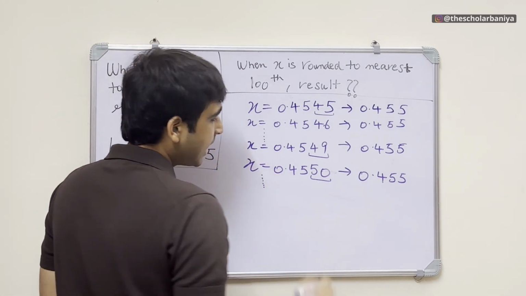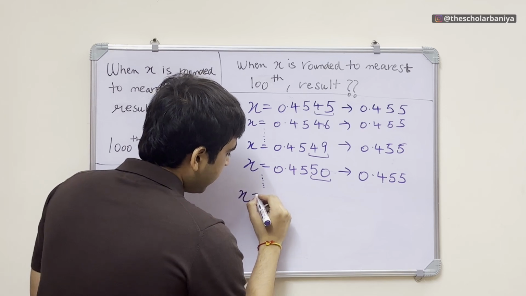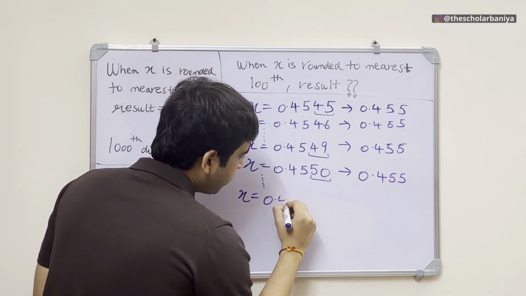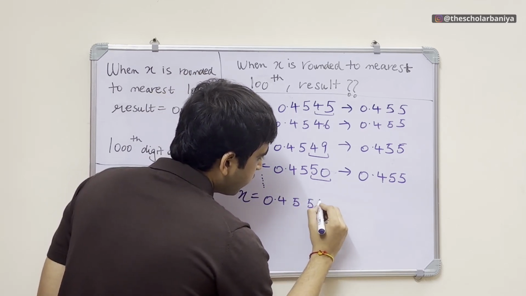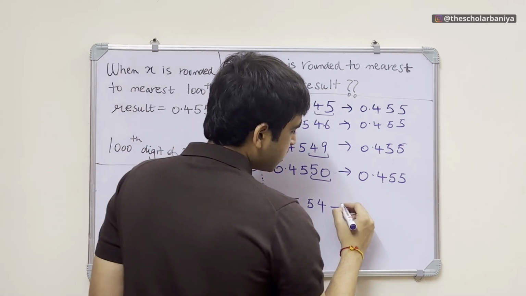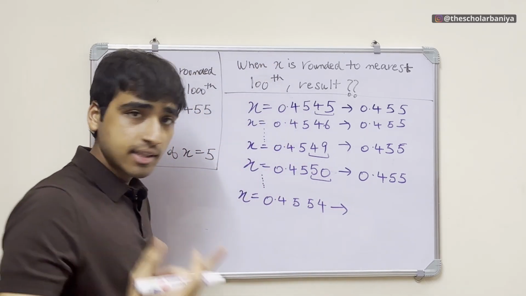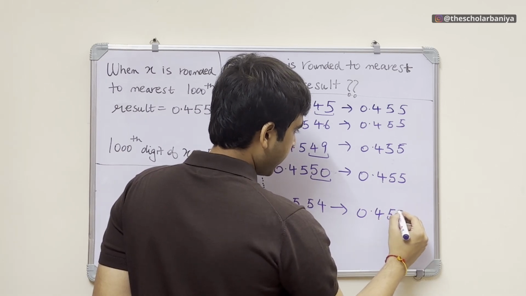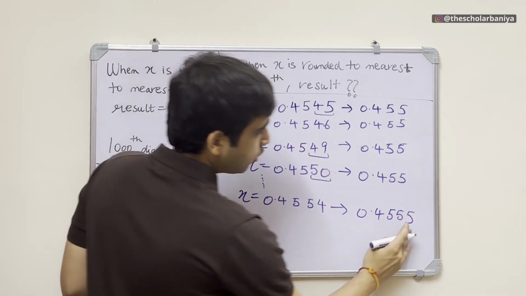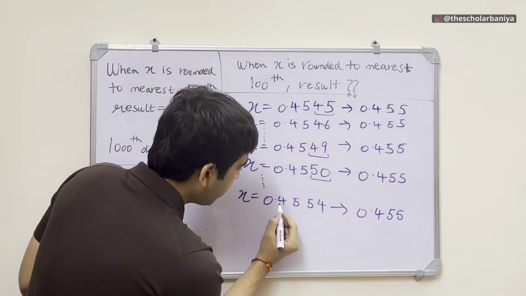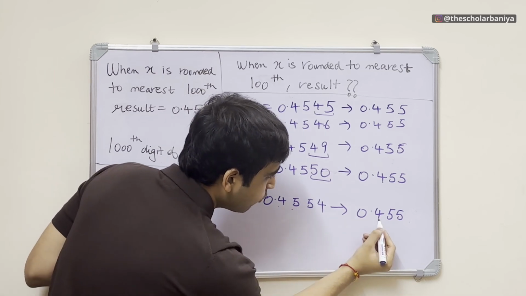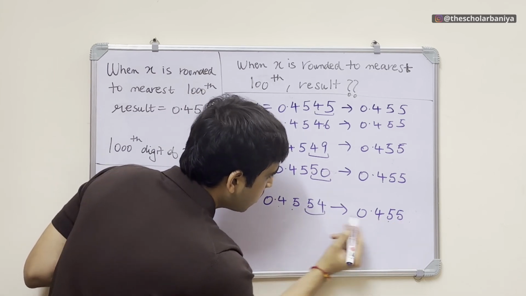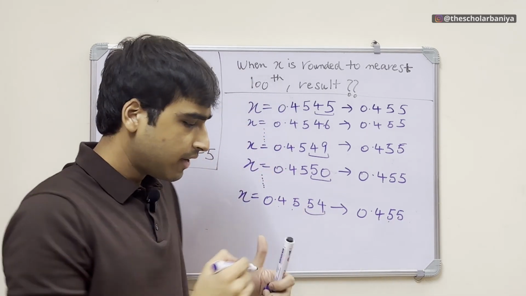Similarly, if we keep going like this, and we talk about 0.4554, then if we round this off to the nearest thousandth, we will get 0.455. Why? Because this is 0.4554 and this part will become 5.